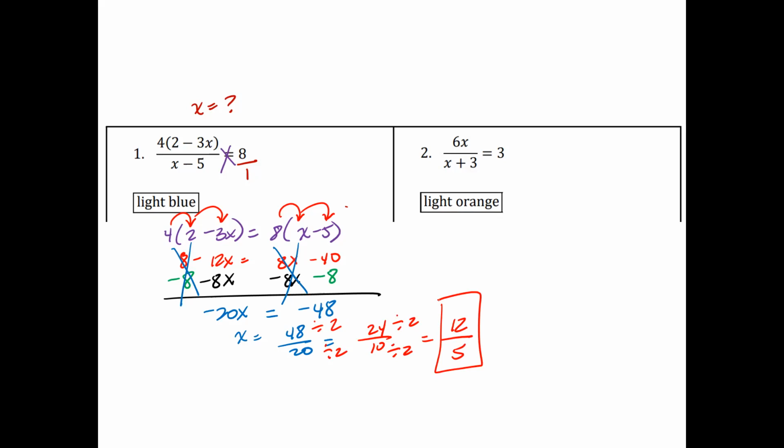So look at your answer on the upper right corner. Which one gives you a 12 over 5?